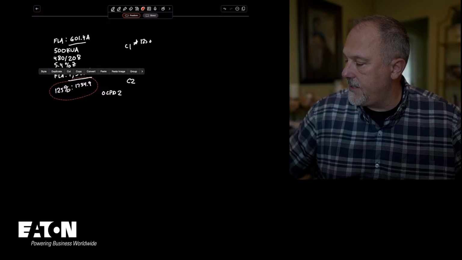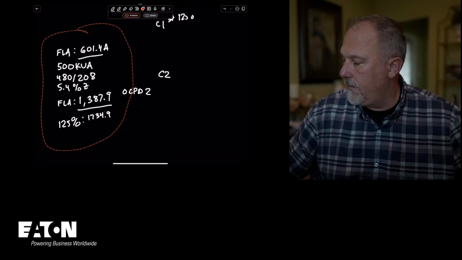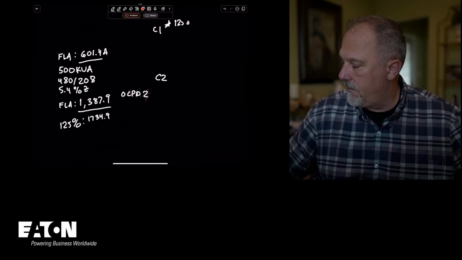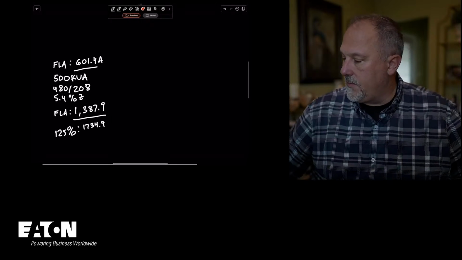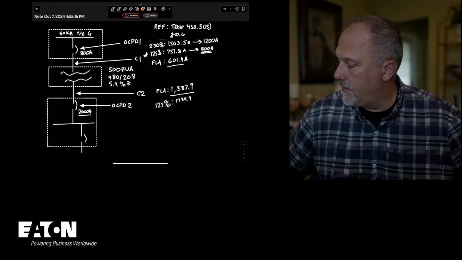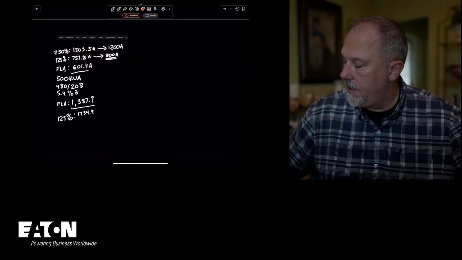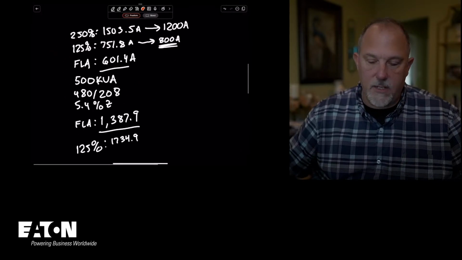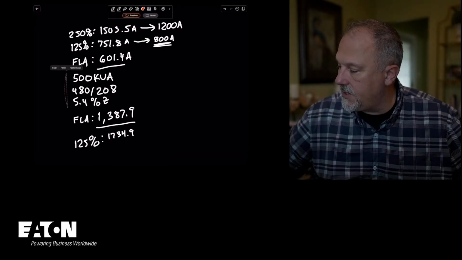So 125% is that. I like to organize my data a little bit. Copy, paste. So what this is giving me is my transformer size.